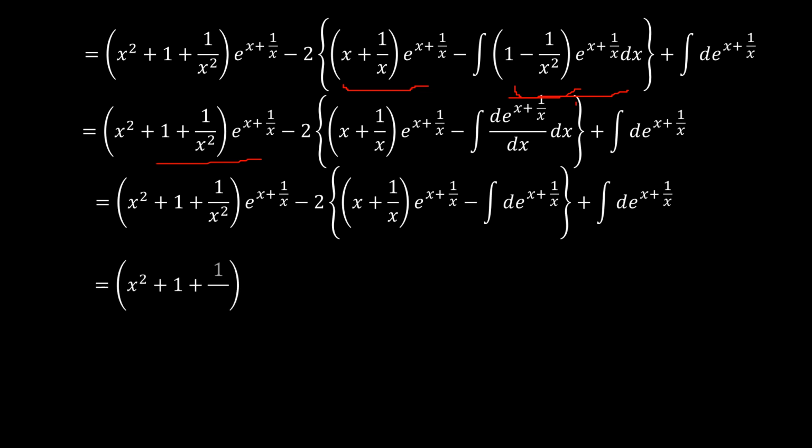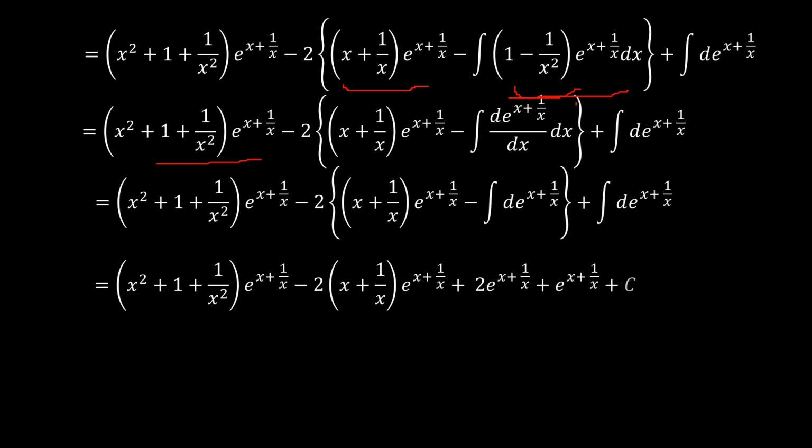So very quickly that becomes x squared plus 1 over x squared times e to the power x plus 1 over x minus 2 times x plus 1 over x times e to the power x plus 1 over x plus, now negative times negative here, plus the integral of this part here, which becomes 2 e to the power x plus 1 over x, and then again here we have the same, e to the power x plus 1 over x.